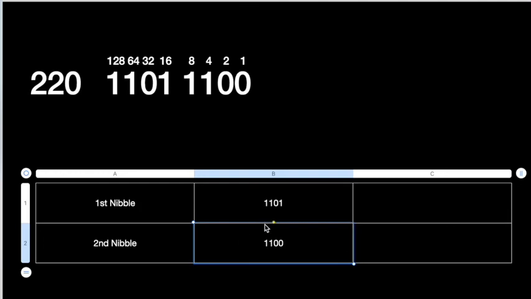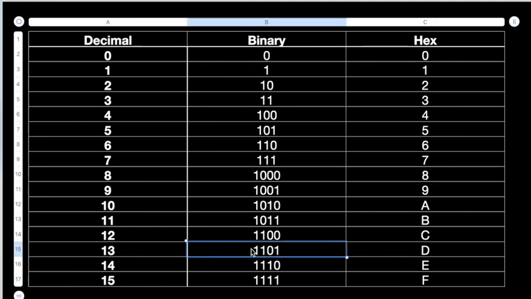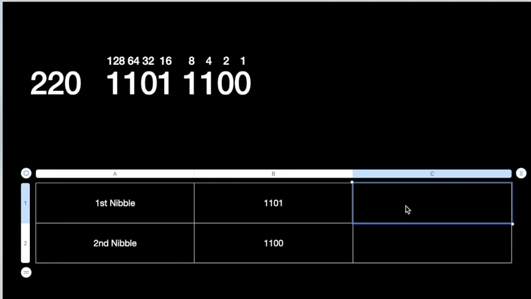Now if you check out these two nibbles independently, let's go back to the chart. This is 1101, that is the first nibble. Let's see what is the value of 1101. It's actually 13, and the hexadecimal conversion of this 13 is D. So for the first nibble, the conversion is going to be D. And the second nibble is 1100.